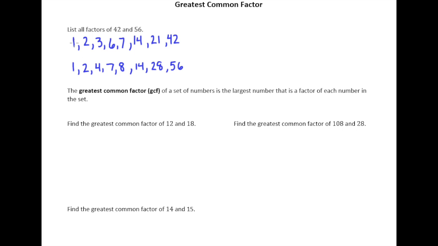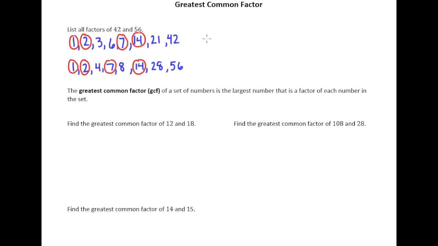And so what I'd like to do here is let's circle all numbers that are common to both lists. So we circle a 1 in each list, we've got a 2 in each list. We have a 7 in each list, and finally we have a 14 in each list.